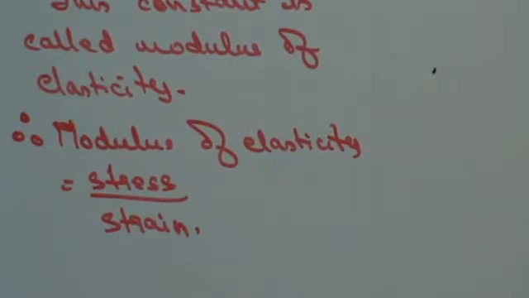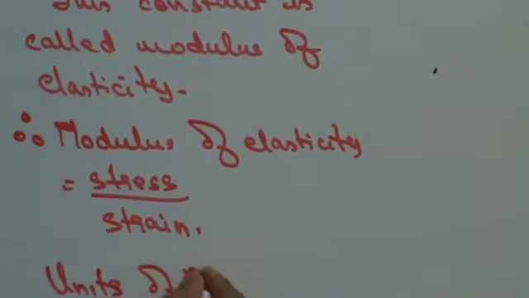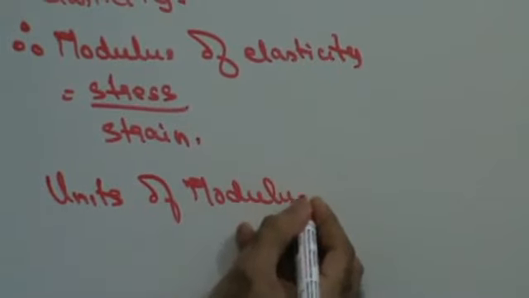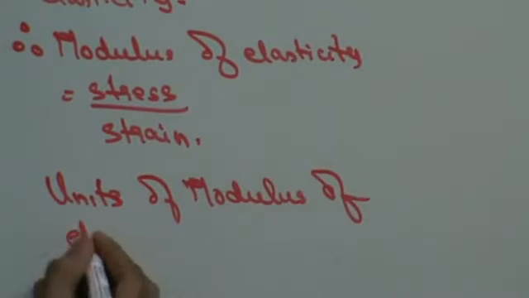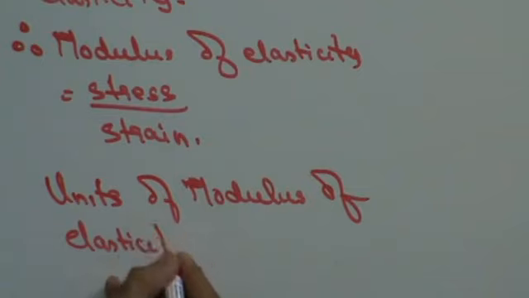Now, what will be the units of modulus of elasticity? Strain is a pure number, it's a ratio. Hence, it does not have any unit, right? It will have the units of stress. My mistake. It will have the units of stress.